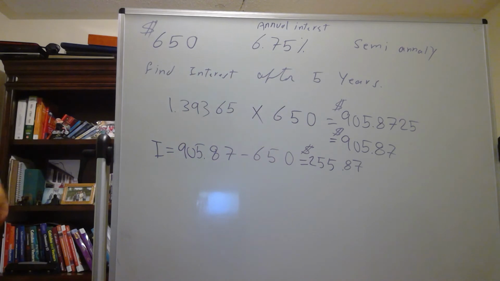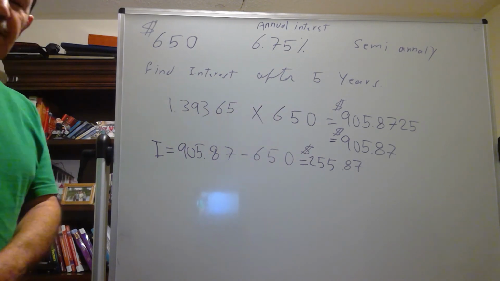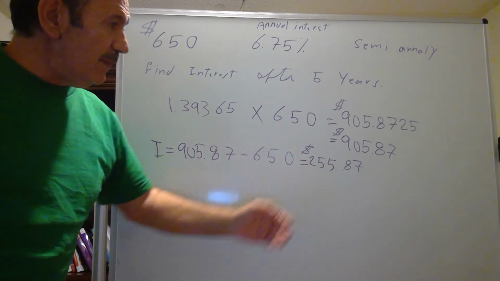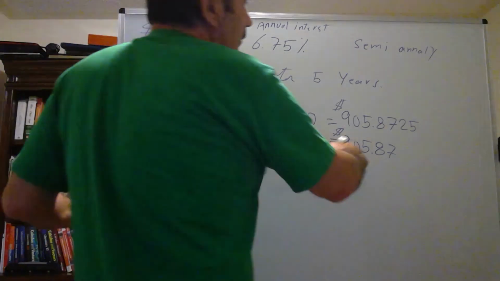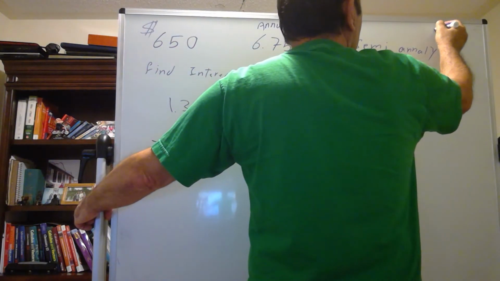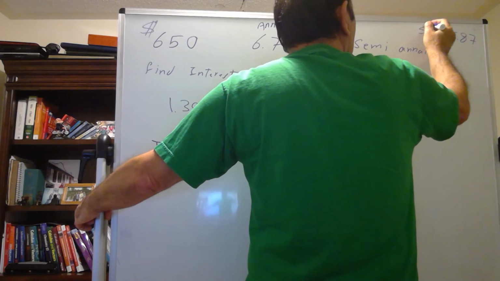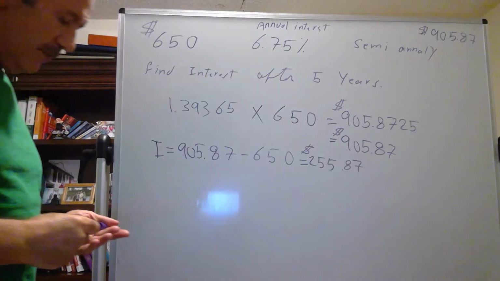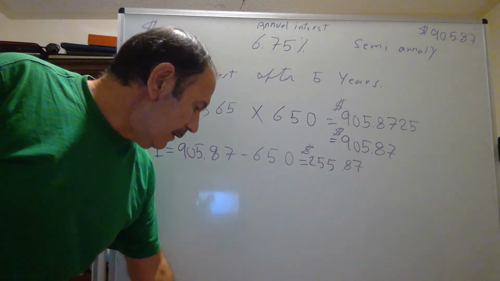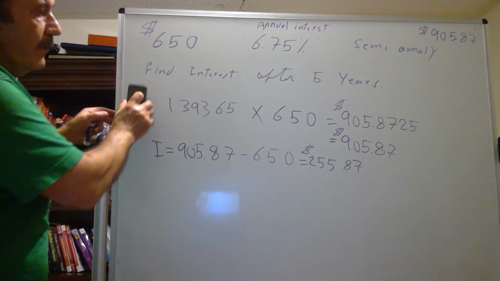Now, in the other method, I am going to use the formula. Just remember, I'm writing at the top that I calculated $905.87 by using the table. Now I'm going to use the formula.